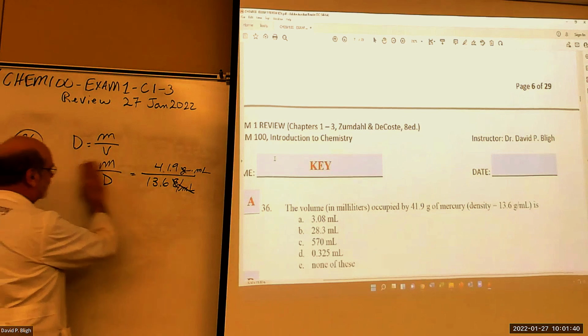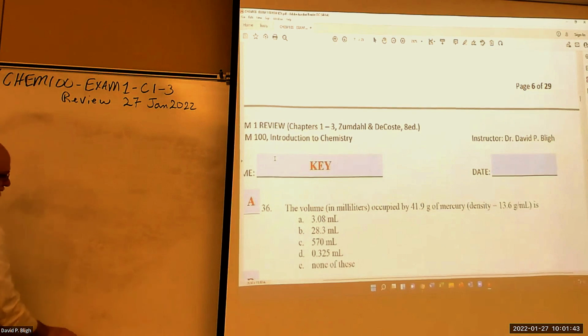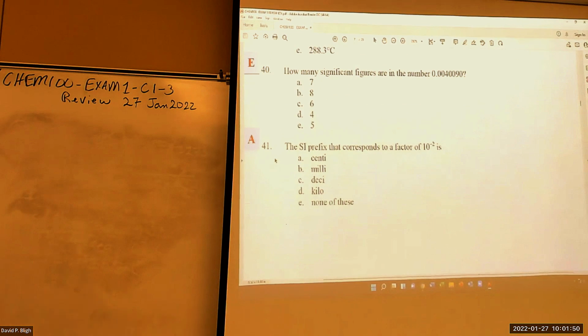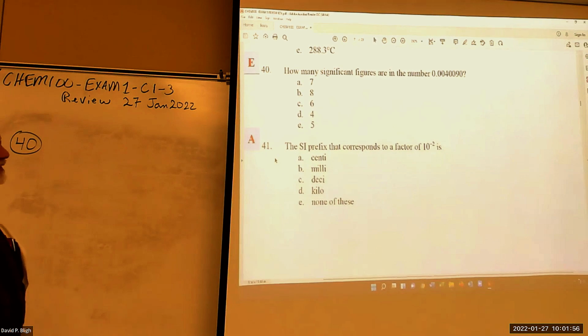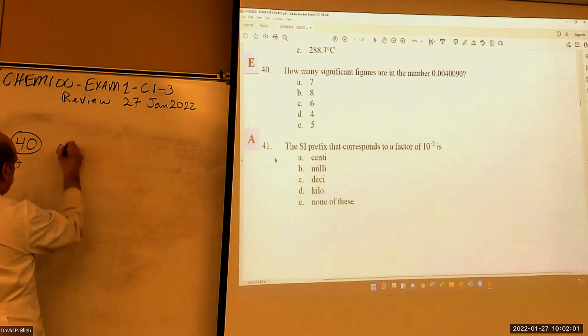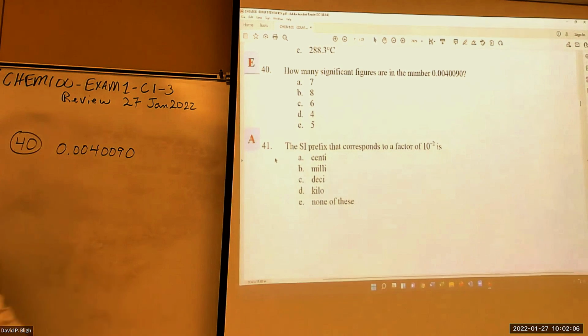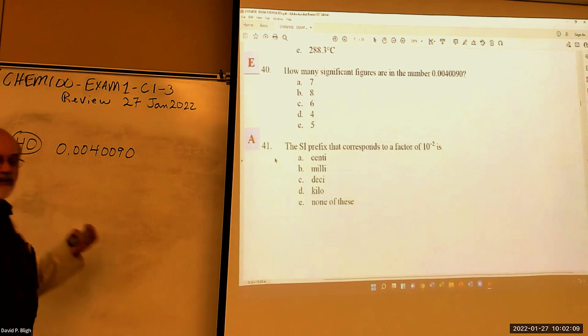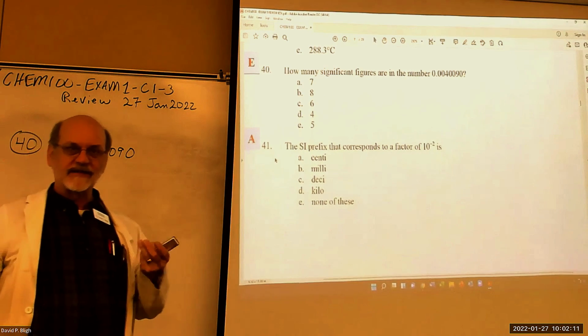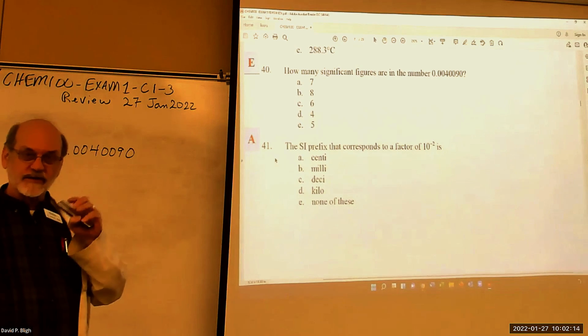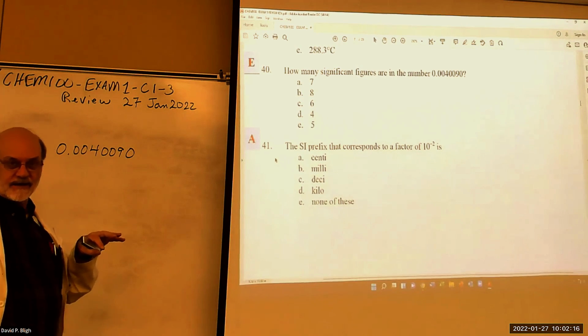Okay. About 40. How many significant figures are in this number? Let's see, 40090. Significant figures. All right. We know that all non-zero numbers are significant. And then there are the zeros. So the zeros, it depends on where they're located.